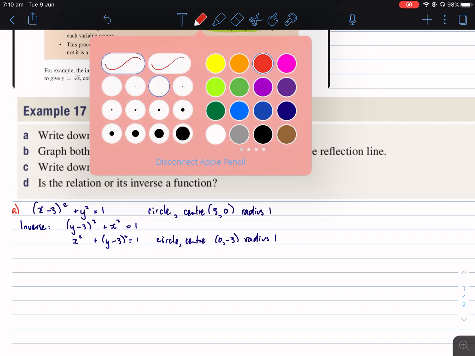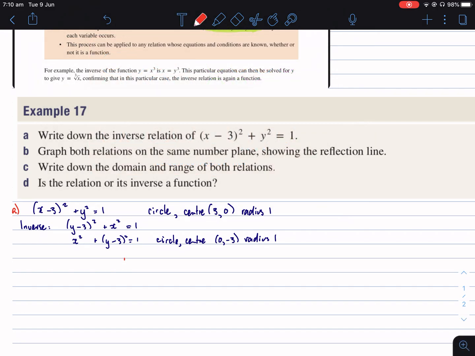And now we want to sketch them both. I'm not going to do an amazing job. Our first one is that circle.